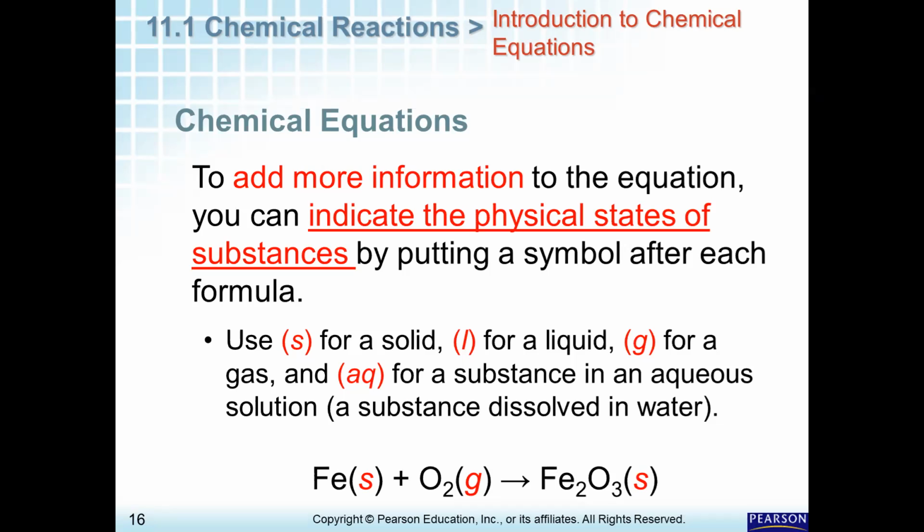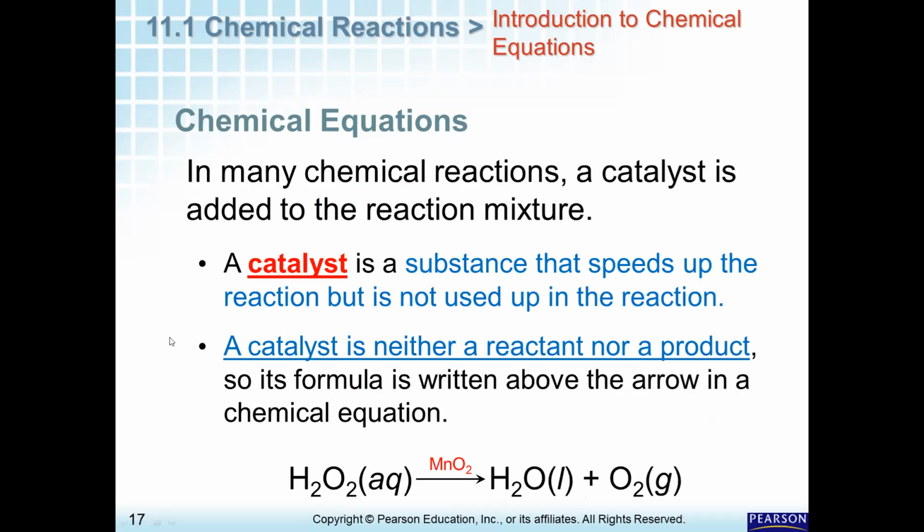And G for gas, L for liquid. So even after adding these states of matter, we are still in the skeleton equation, which has only the symbols without the quantities. Sometimes we put something like this, which we call a catalyst. Now, it's not a big deal at this time for you to understand what a catalyst means.